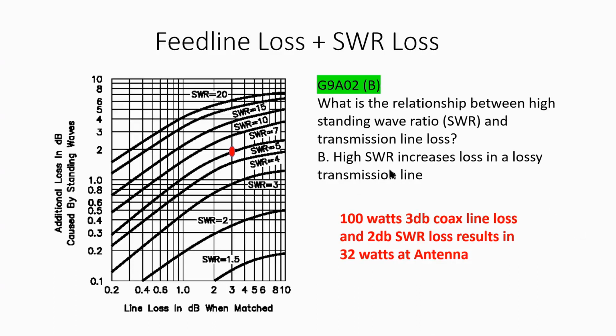So a high SWR increases the loss in a lossy coax and a lossy transmission line. If you start with a lossy transmission line like RG58U, very small, and you add a mismatched antenna, you'll be lucky to get much energy at all out to that antenna.